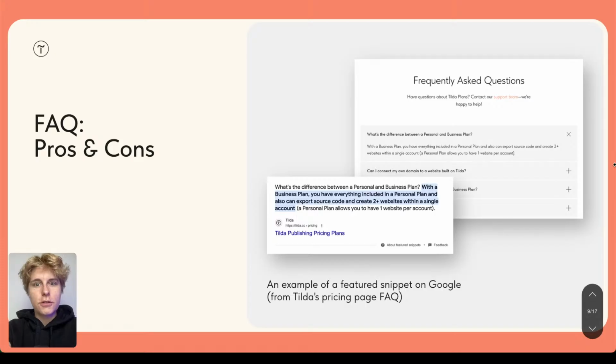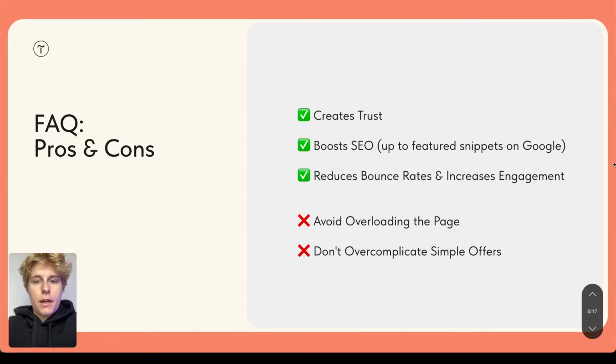Then if you Google something related to these questions, so I think here I Googled what's the difference between personal and business plan on Tilda, this is how Google would lay out the answer taken from the frequently asked questions section. And it pops out. It stands out compared to other Google search results, which is cool. And why not use it, right?